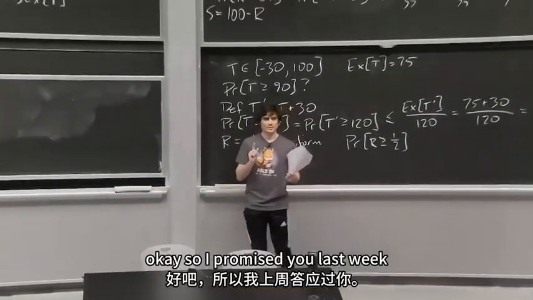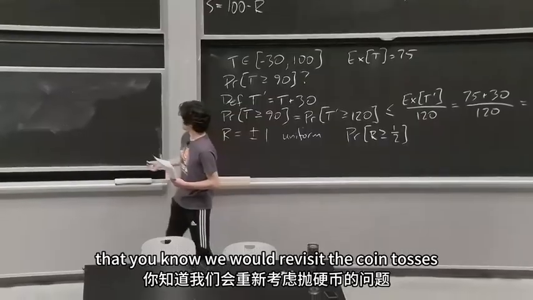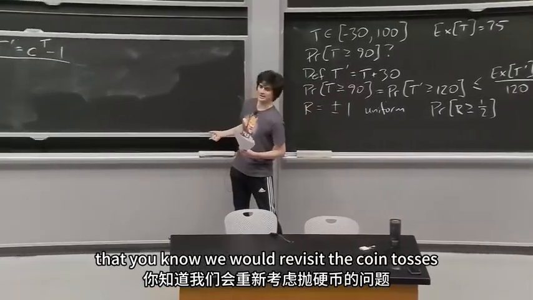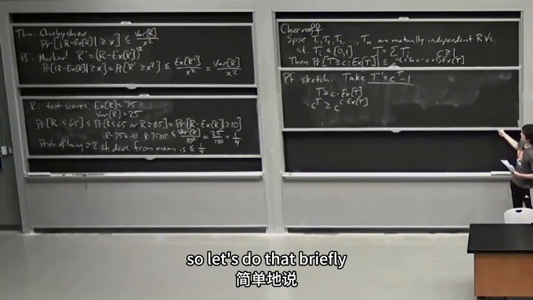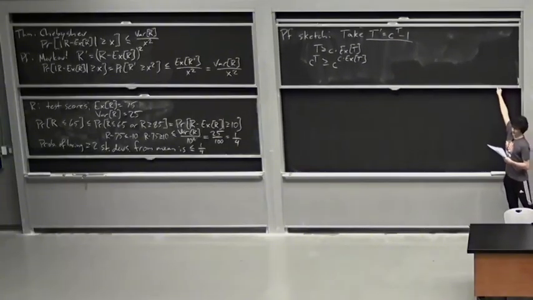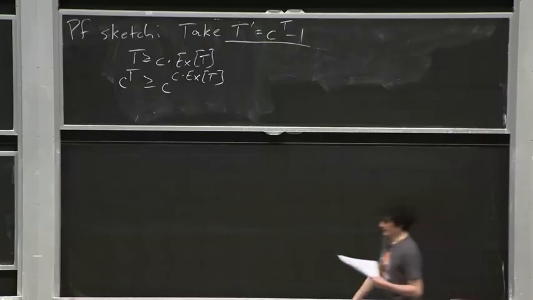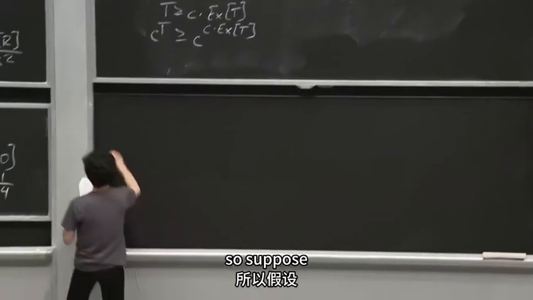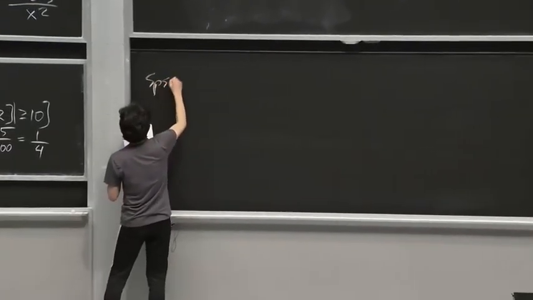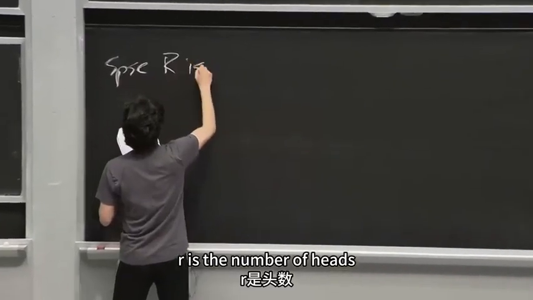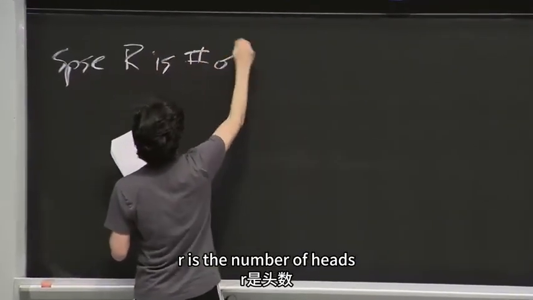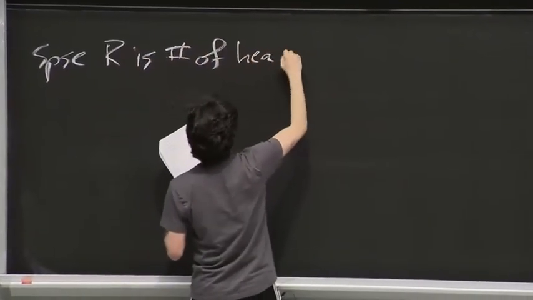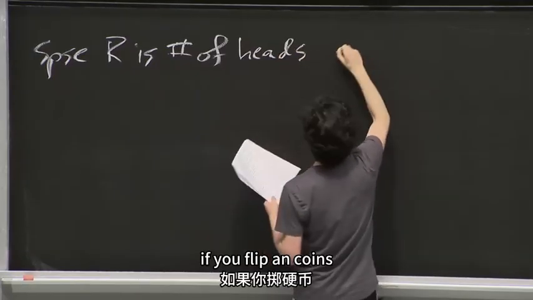So I promised you last week that we would revisit the coin tosses. So let's do that briefly. Suppose R is the number of heads if you flip n coins.